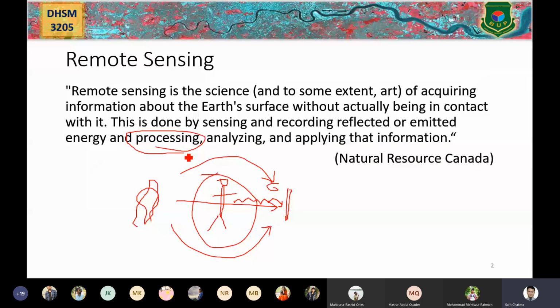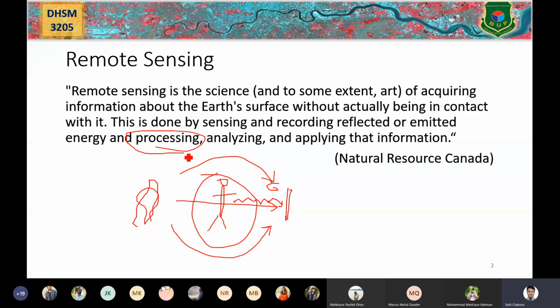So if I ask you what is remote sensing, you do not really have to write this down. If you do write this down, that is very good. But if you can't, that's fine as well, because you can always find this definition from websites, and you can find more definitions from many other authors and books and websites.